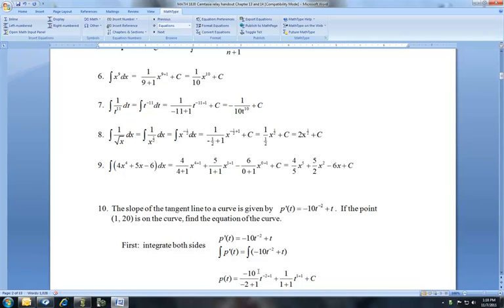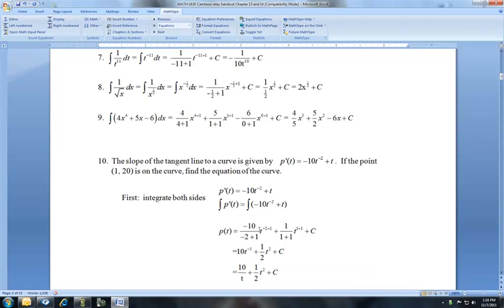I've got negative 10. Add 1 to my exponent. Repeat. Same thing here. My coefficient is 1. Add 1. Repeat. Plus my c. So clean up here. I've got 10 t to the negative 1 plus 1/2 t squared plus c. Negative 1 exponent, I move down.